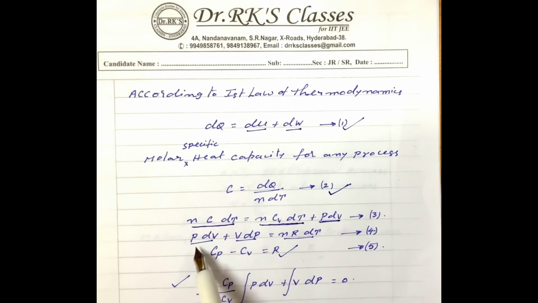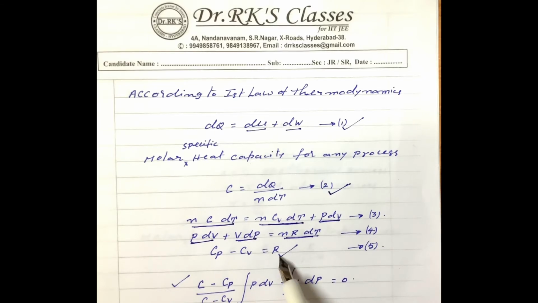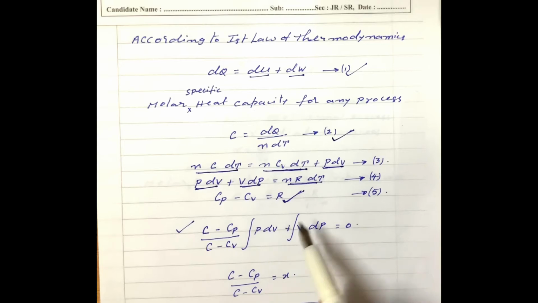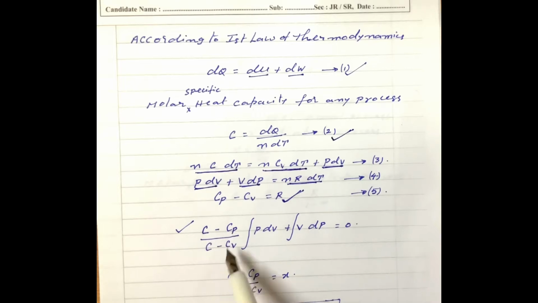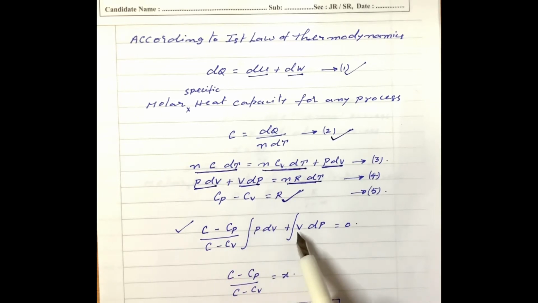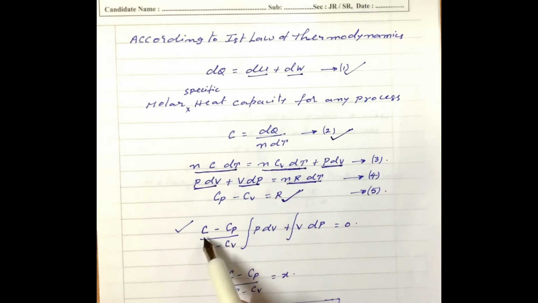And so from PV is equal to nRT, PdV plus VdP is equal to nR dT. And also we know Cp minus Cv is equal to R. And from these equations, after simplifying, (C minus Cp) by (C minus Cv) times integral of dV by V plus integral of dP by P is 0. Here, what is C?